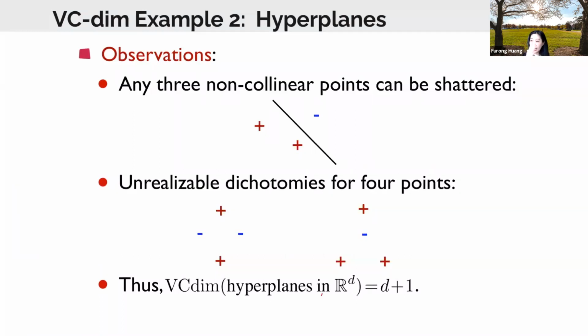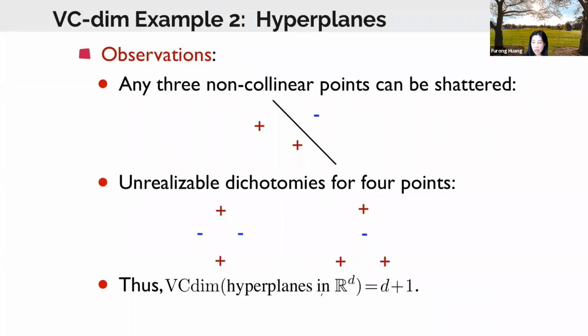Then the entire set of hyperplanes is called the hypothesis class of hyperplanes, okay? So now this becomes an interesting point, why I said not all sets of size D will be shattered. Here in this example, any 3 non-collinear points can be shattered.